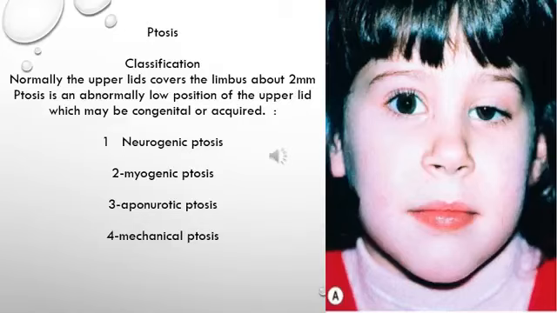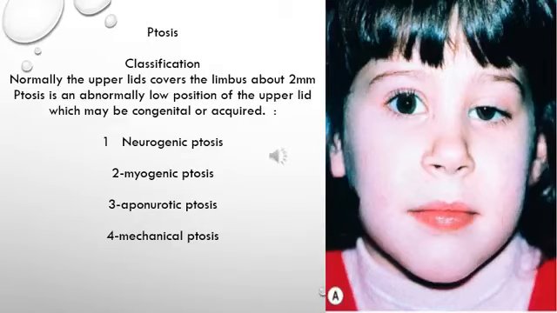Here we have multiple causes of ptosis. We have neurogenic ptosis, myogenic ptosis, aponeurotic ptosis, and mechanical ptosis. Neurogenic ptosis is caused by an innervational defect such as third nerve paresis and Horner syndrome.